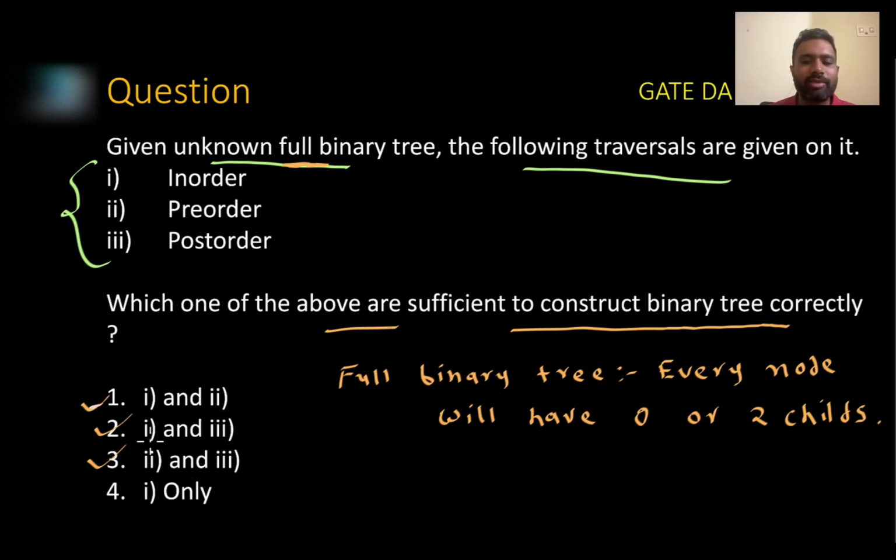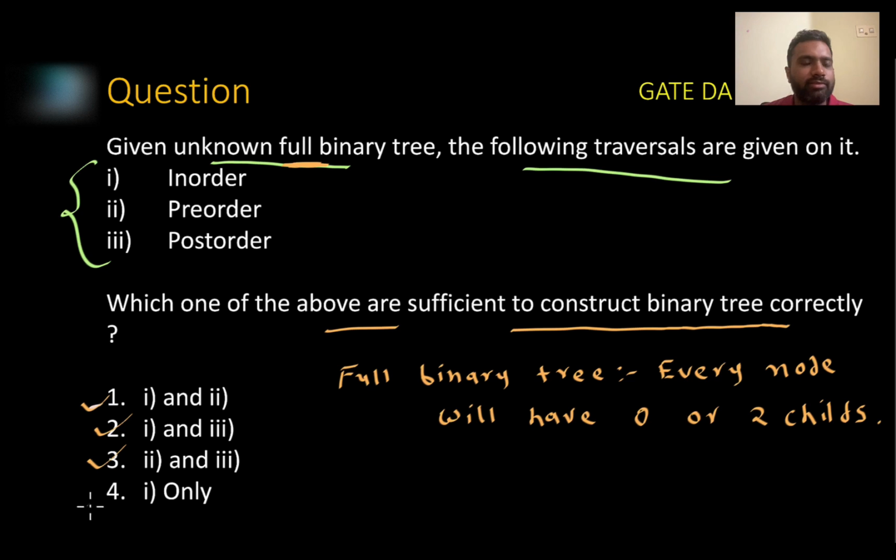If one of them does not exist, we won't be able to identify whether it is a left subtree or a right subtree. But given this condition, we can reconstruct the tree. Since it is a full binary tree, if it has a child, it will have 2. So left child and right child exist, so in that case 3 is definitely true.